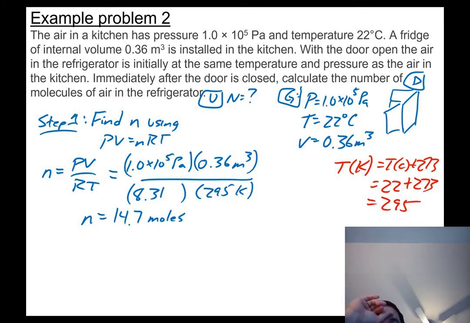All right, so how do we go from there to getting the number of molecules? Well, remember that the number of molecules is equal to the number of moles divided by Avogadro's constant. Okay, so what I'm going to do here is, sorry, I got that wrong. Hold on.